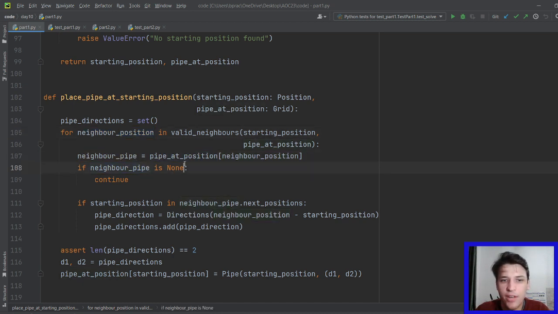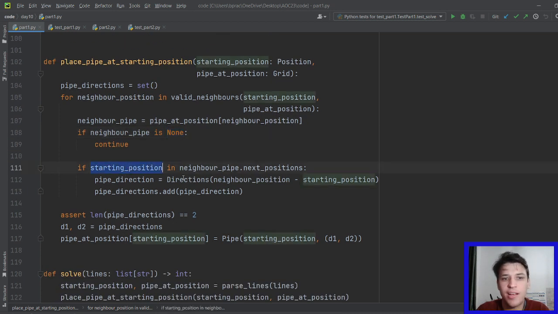If there's no pipe, we continue, that's not interesting. Otherwise, we check whether the starting position is in the next positions of the neighbor. If this is the case, good, then this is a correct neighbor of the pipe at the starting position. So then the pipe direction will go from the starting position to the neighbor position. So that will be the direction.